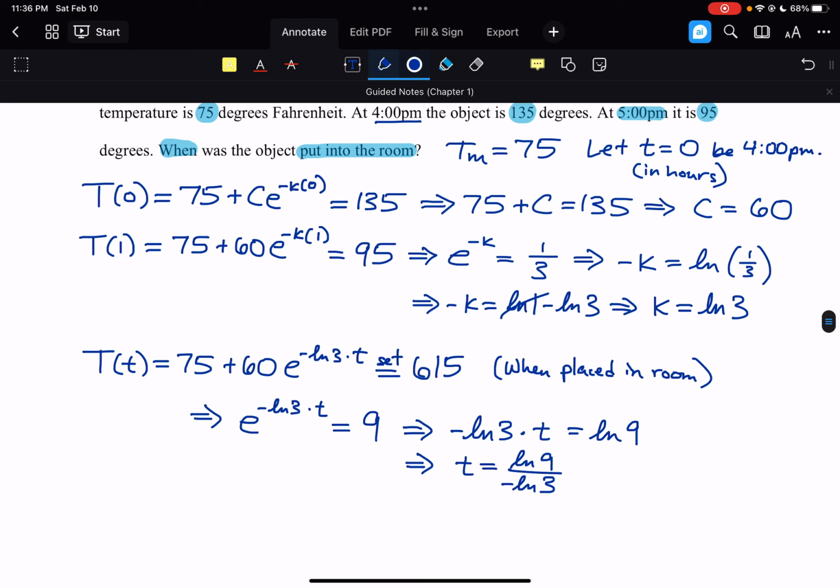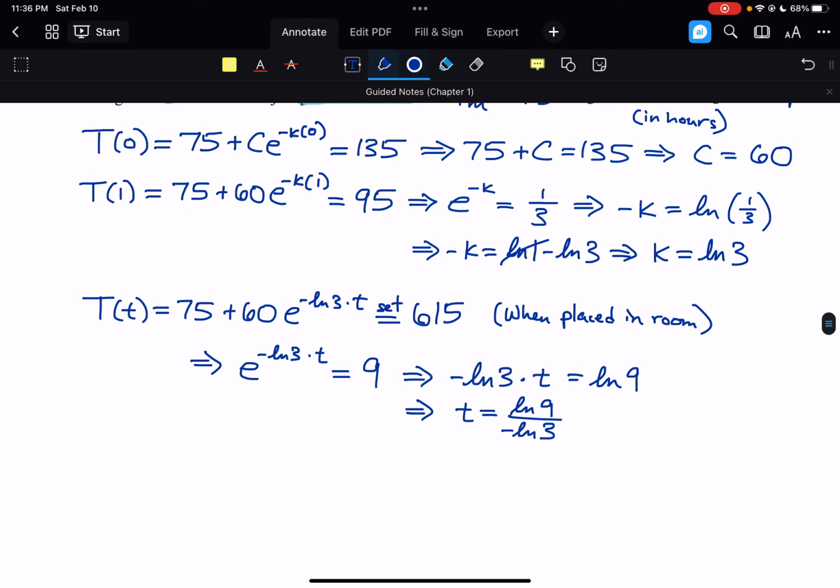Now, to get some more specificity into this answer, we can play around with the logs just a little bit. Let's get the negative out here in the front. ln of 9 is the same thing as ln of 3 squared over ln of 3.